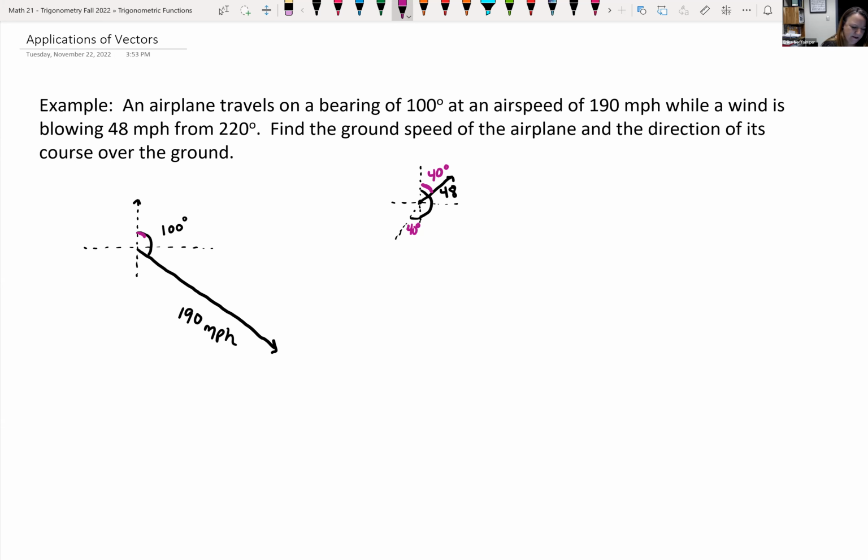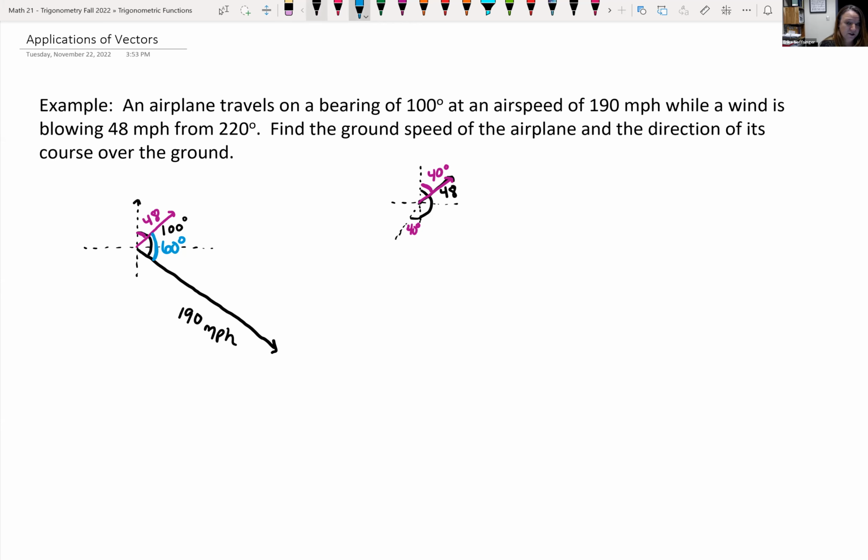And then we have this vector of our wind blowing 48. So if this is 40 degrees, and the whole thing is 100 degrees, I know that 100 minus 40 is going to give me this angle inside between these two vectors. And so this is 60 degrees.